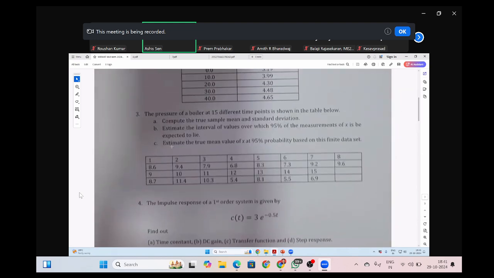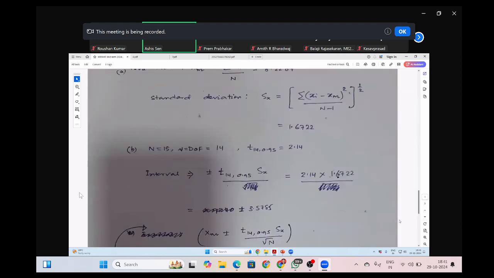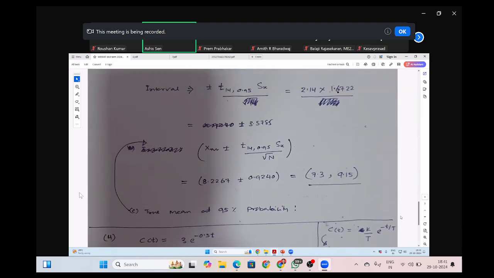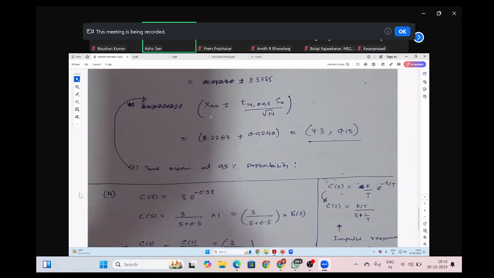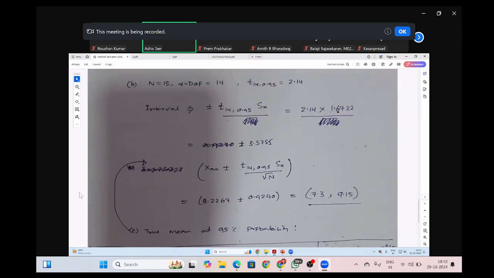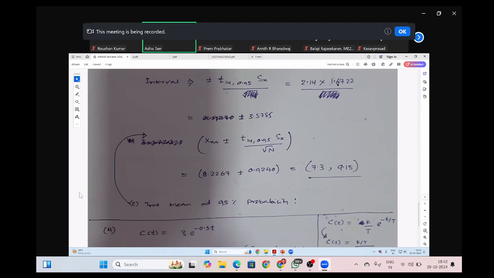Then the last bit is to estimate the true mean value of X at 95% probability based on this finite data set. For that, it will be X mean plus minus t into Sx divided by square root of n, which will be 8.2267 plus minus 2.14 into 1.6722 divided by square root of 15.